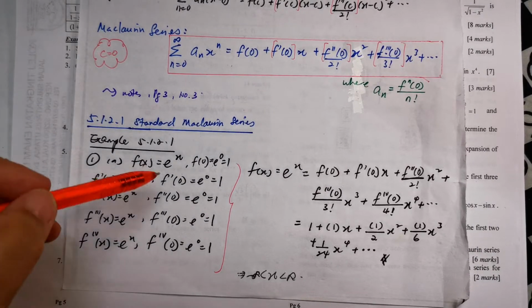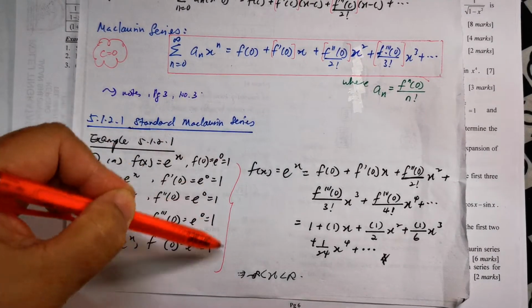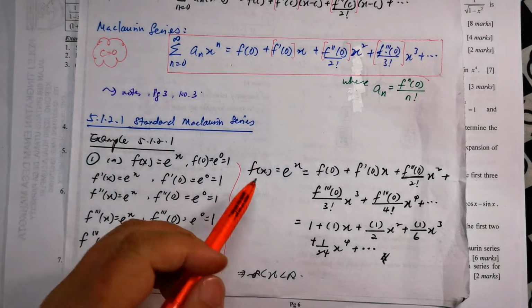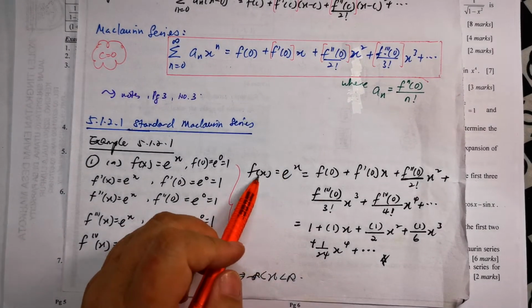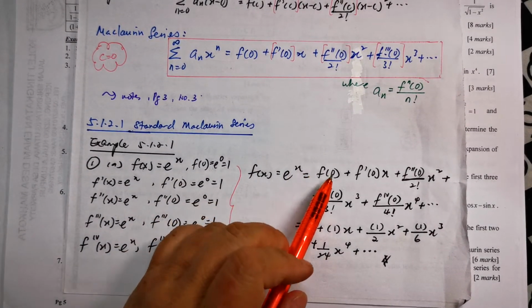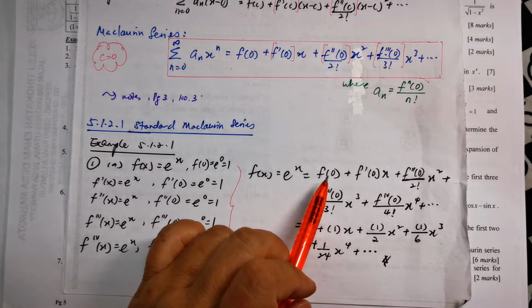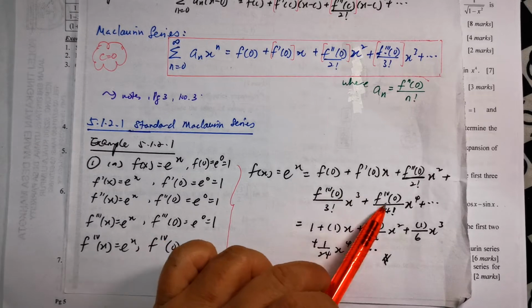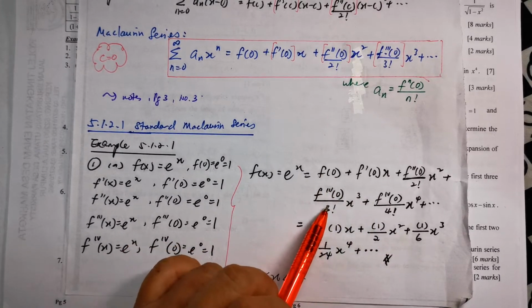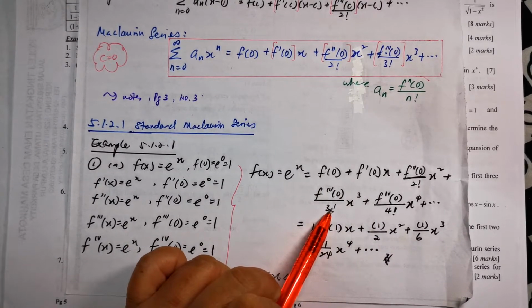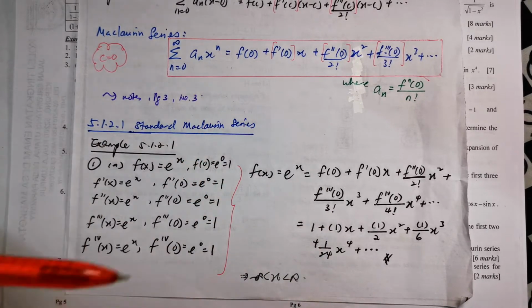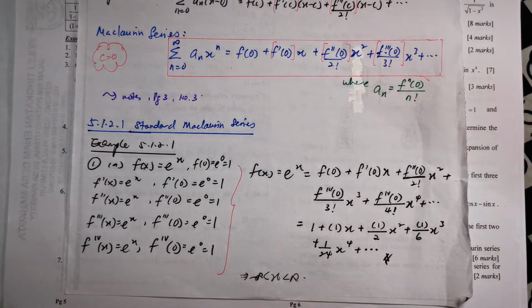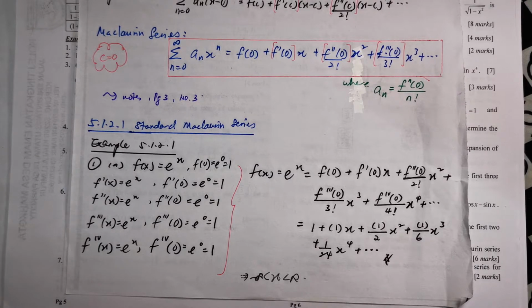Once you have all these values, then we sub into Maclaurin's theorem. So the function e^x is equal to, if possible, please every time copy Maclaurin's theorem. Copy it, then only sub in the values. It will give you less chance to make careless mistakes.